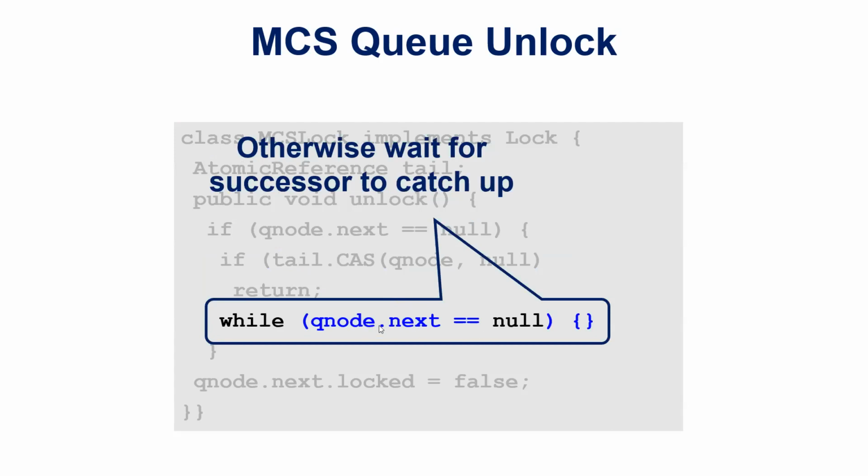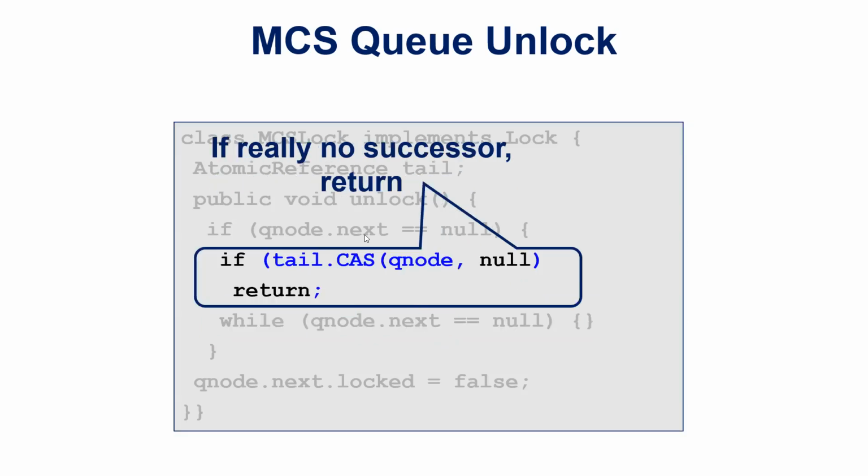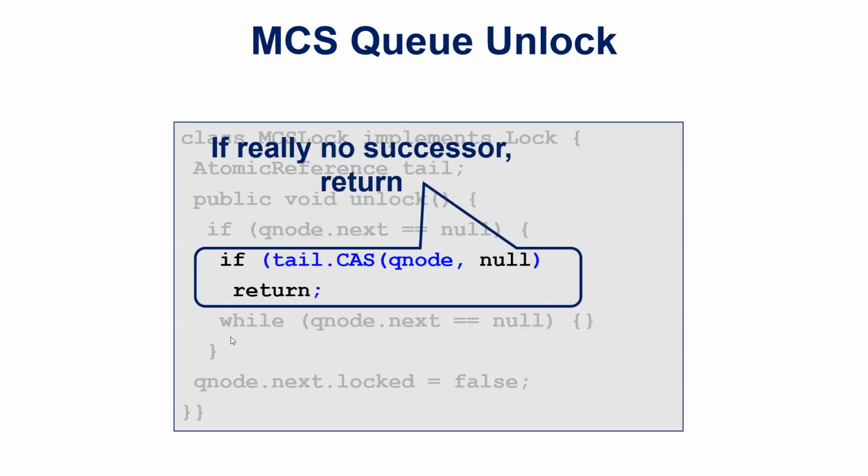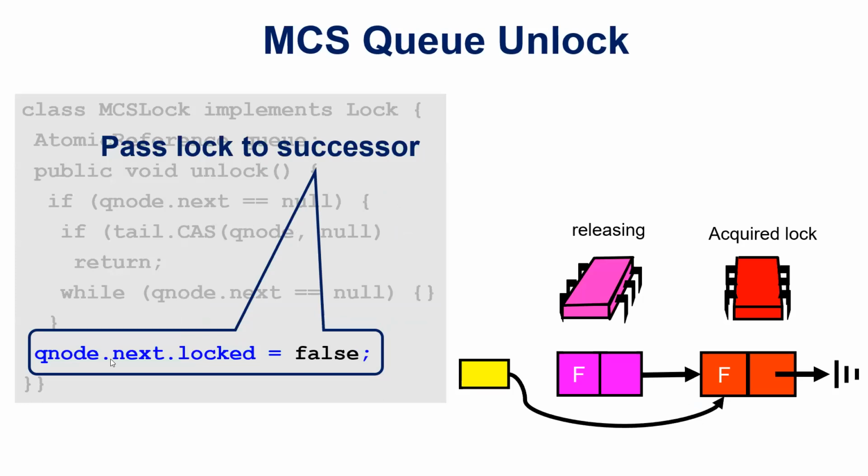So while qnode.next equals null, it indicates that we are waiting for the other thread. Next, if this first condition itself is false, that is, qnode.next is not null, it means there is one more qnode in the queue. So then we go directly to qnode.next.locked equals false.